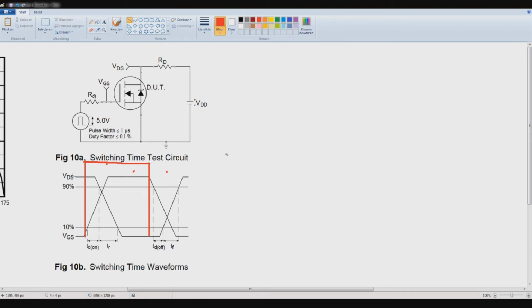This would be of course ideal, and then the drain to source then drops from here and it goes like this.